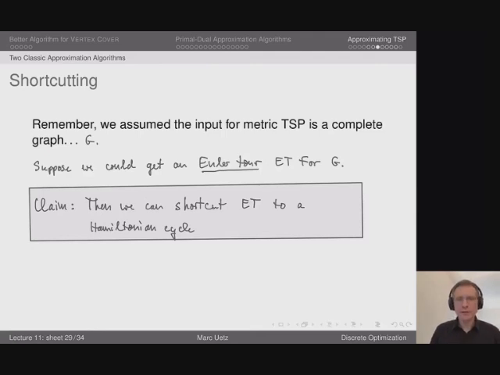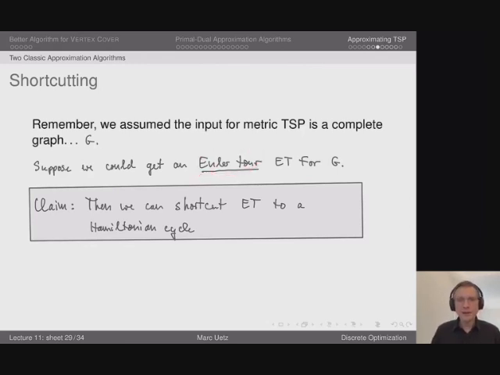Okay, so now the shortcutting argument, given these two properties of the graph, is the following. Suppose somebody gives us an Euler tour on the given graph. And here that could be the graph itself, but it might also include additional edges, maybe parallel edges. In any case, we have an Euler tour.